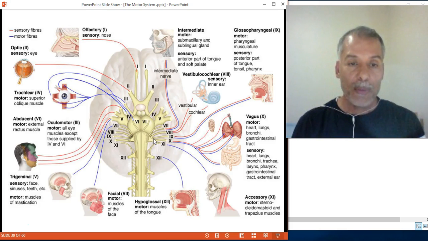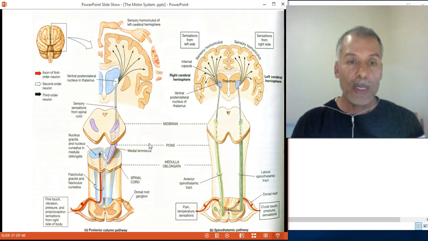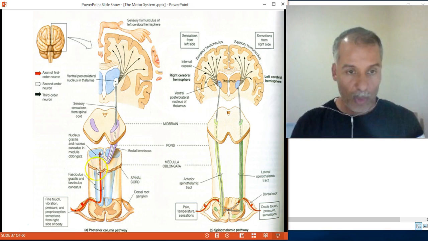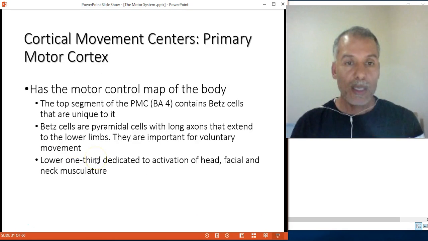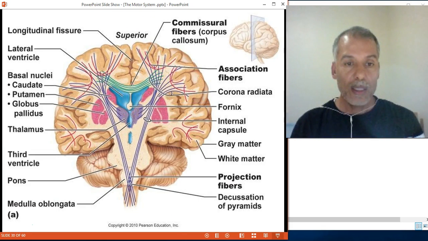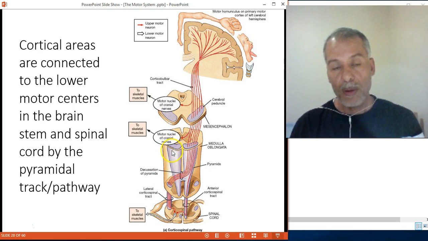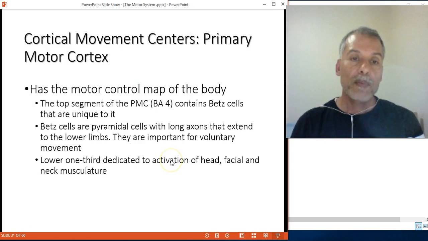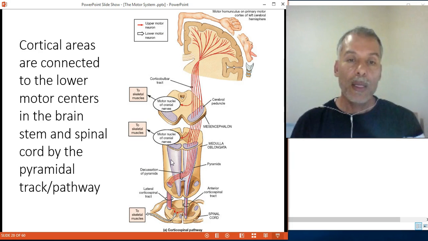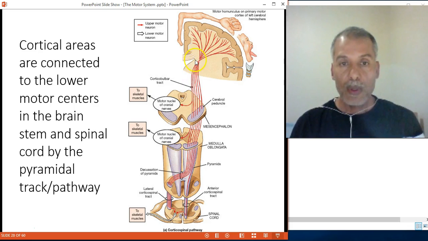You can see here, there's one pyramid here, that blue, and one pyramid here, but they are inverse, upside down. These are formed by fibers from the corticospinal tract.